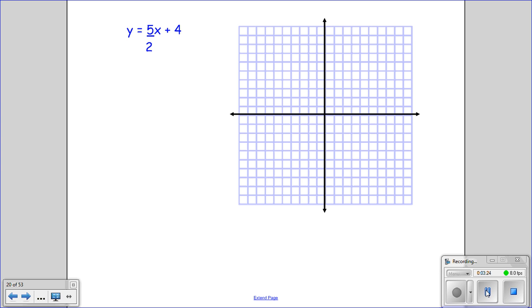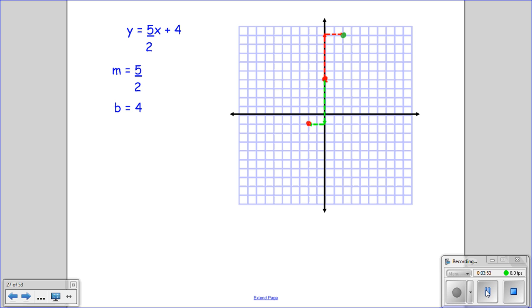Let's graph y equals 5 halves x plus 4. Notice that our slope is a positive 5 over 2, and our y-intercept is 4. We're going to graph the y-intercept, which will get us a positive 4 on the y-axis. And then our slope, we can either go up 5 and to the right 2, notice they're both positive, or they can both be negative, meaning that we'll go down 5 and to the left 2.